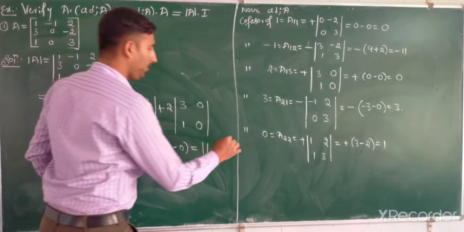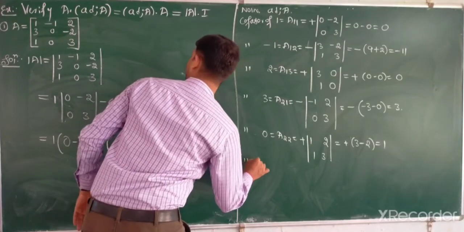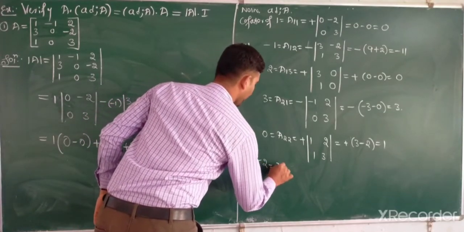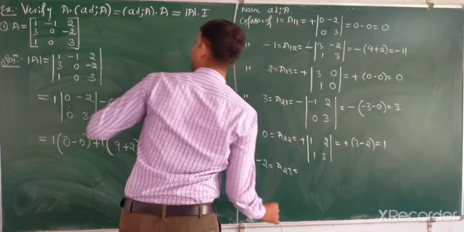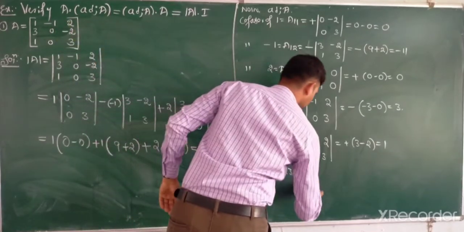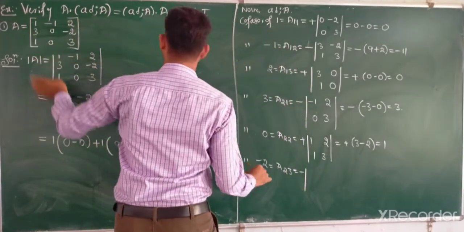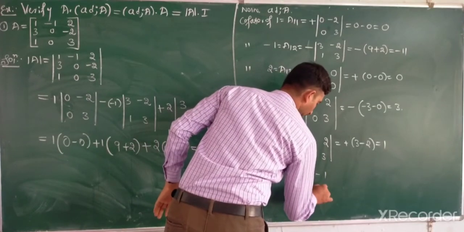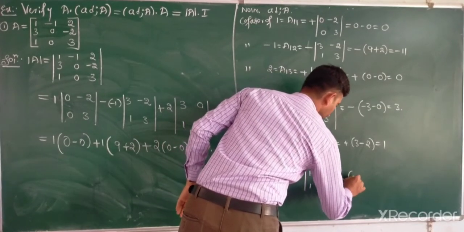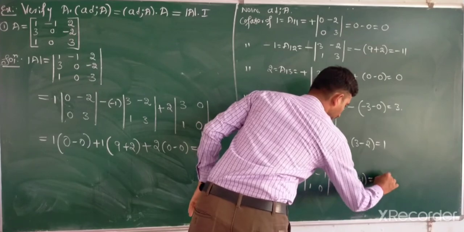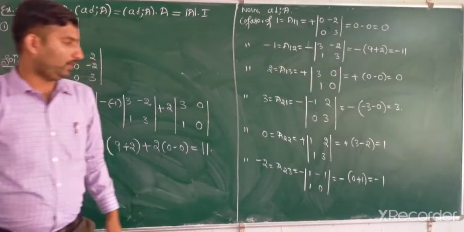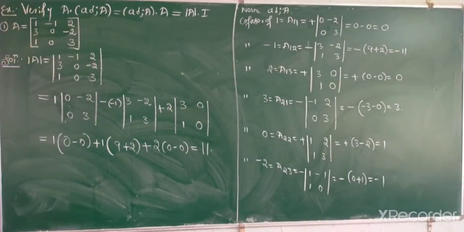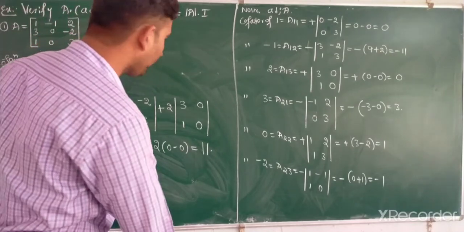After that, cofactor of A23, position is minus: minus of 0 plus 1, which is equal to minus 1. Correct?